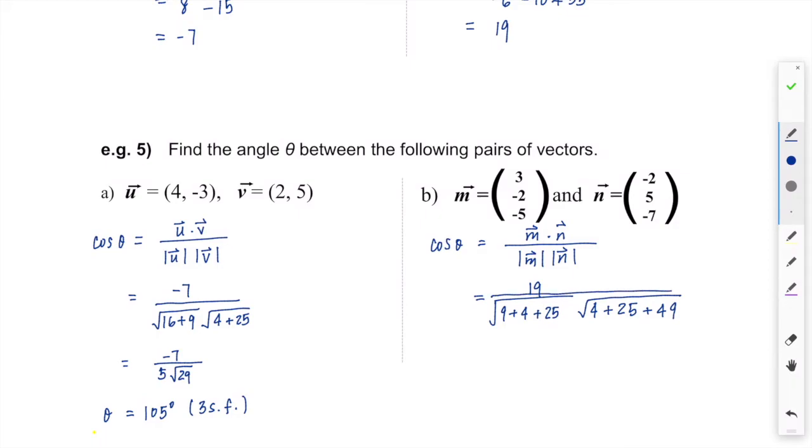What have we got here? 9 plus 4 is 13, plus 25 is 38, and then we have 29 for n, 678 is the product. So 19 at the top here. The arc cos of that whole mess is 69.6 degrees when you round it to 3 significant figures.